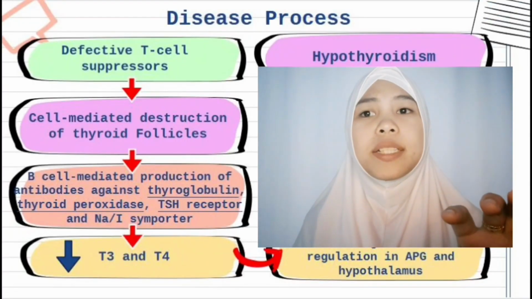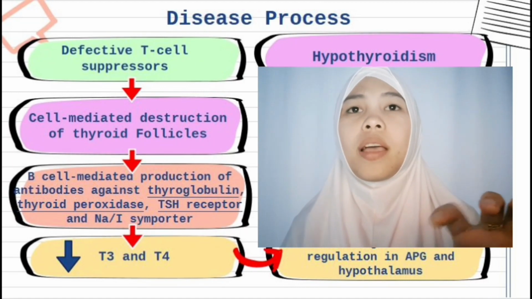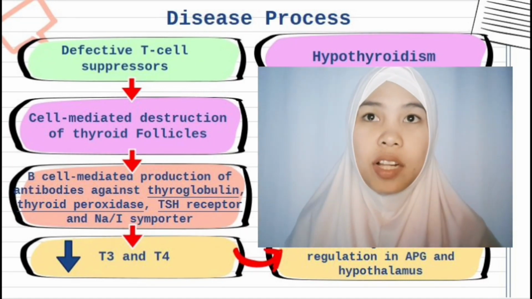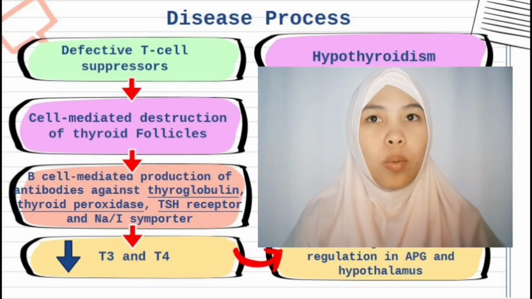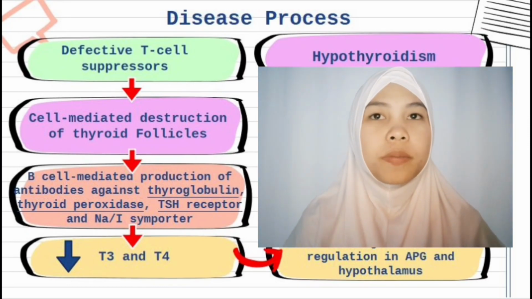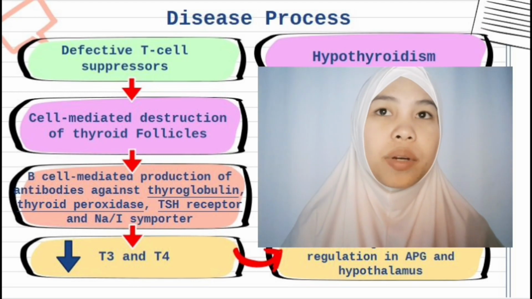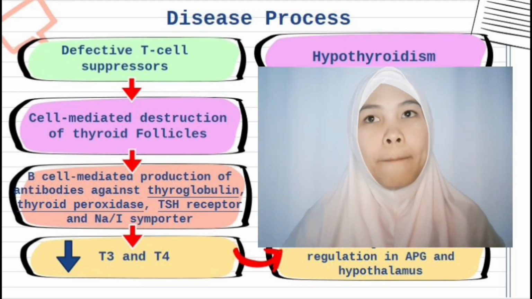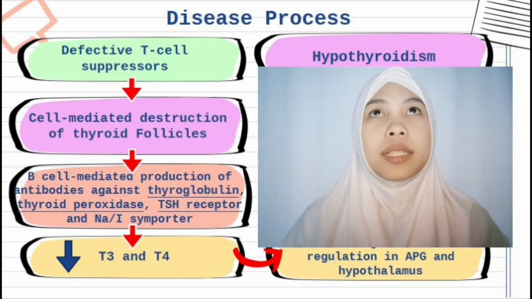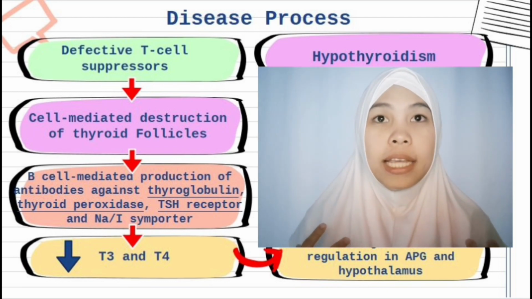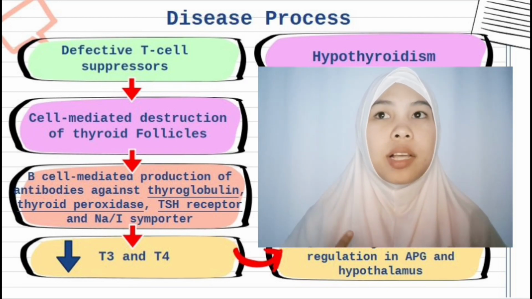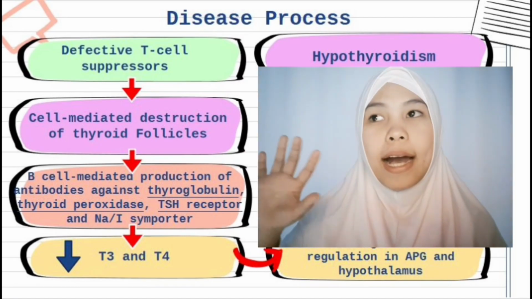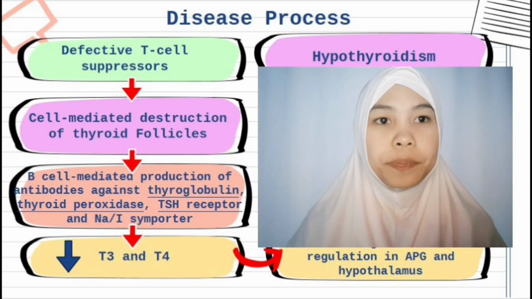So for the disease process, we have first the defective T cell suppressors. If there is a malfunction with our T cell suppressor, which is an immune cell in the body that protects our own cells from being attacked by the immune cells.